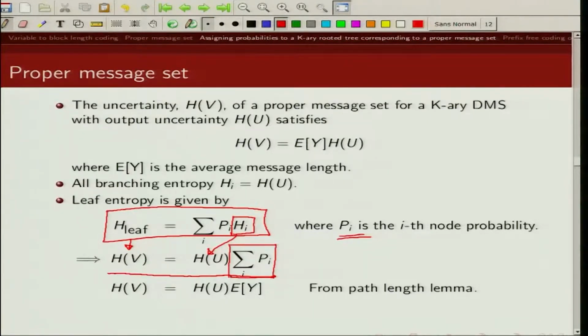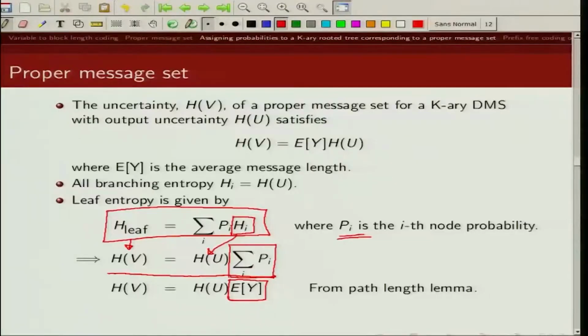According to the path length lemma, the summation of Pi's is nothing but the expected value of Y, right? I have from root to each of these leaves my Vi's, which is the parsed message, and the lengths of those are Y1, Y2, Y3. The expected value of that from the path length lemma is given by this quantity.